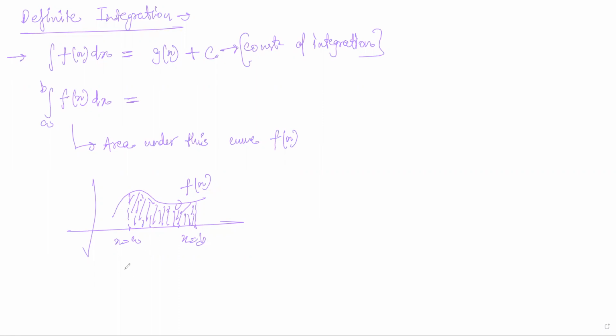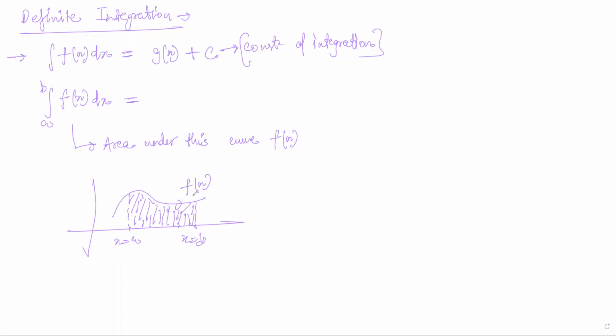Now the area under this curve, if you see, is infinite. But we have to only consider the area up to the axis, x-axis or y-axis. In this case, because we are integrating f(x), the function of x, we will be seeing the x-axis.